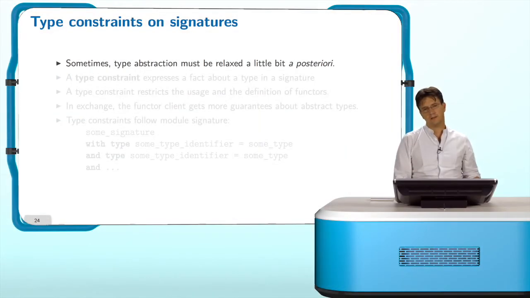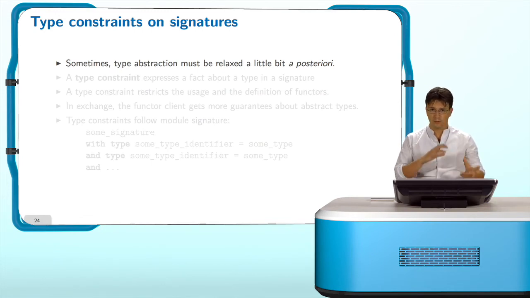What we have seen with this example is first a very nice way to implement a type parameterization between several components, an exception definition and values and so on. But also, we have seen that sometimes type abstraction must be relaxed a little bit a posteriori, afterwards.